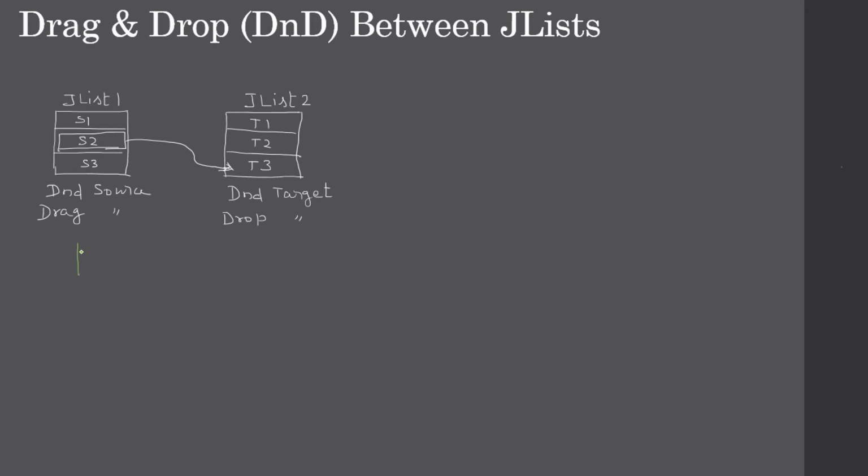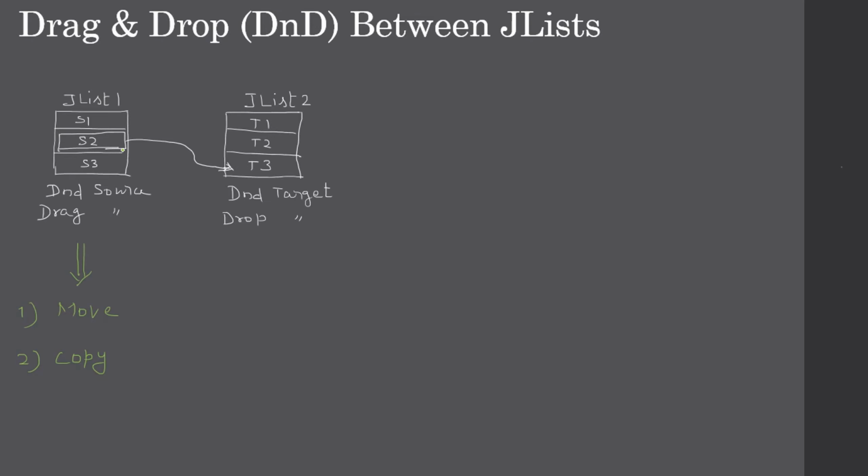When we talk about D&D source, there are 2 options that come into the picture. One is move and the other one is copy. So let's state that you selected item S2 here and then you moved and you released the mouse here.